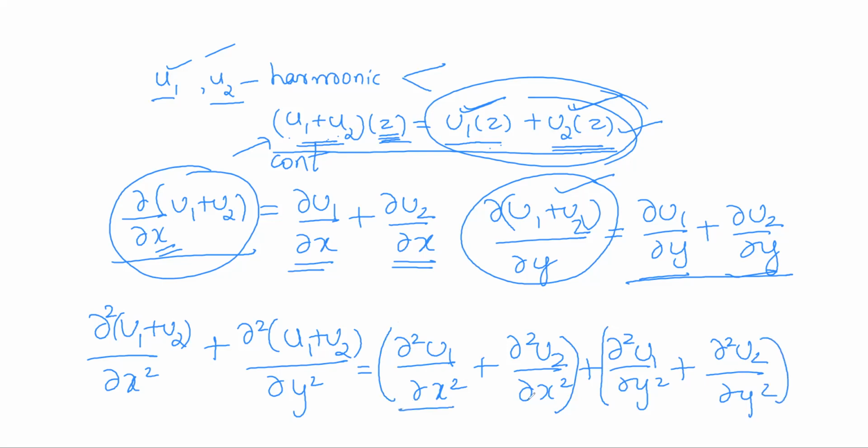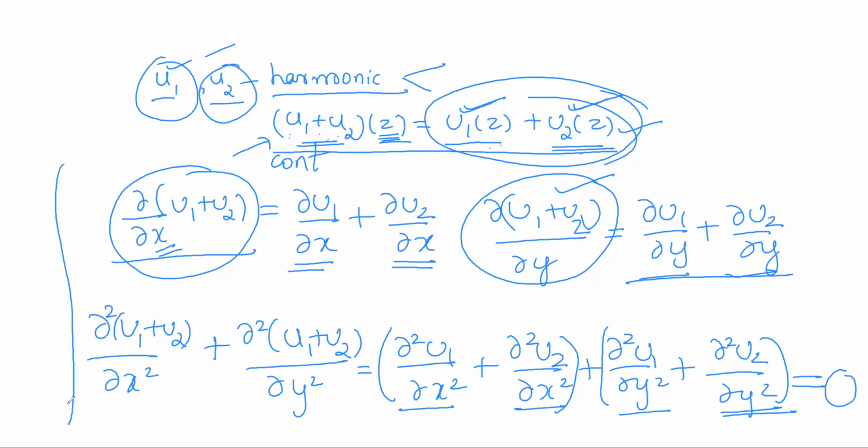So this plus this is equal to 0, as U1 satisfies Laplace equation, and this term plus this term is equal to 0 as U2 satisfies Laplace equation. So finally you will get 0. So what it means? Whenever U1 and U2 are harmonic functions, the function U1 plus U2 satisfies all the conditions to be harmonic.